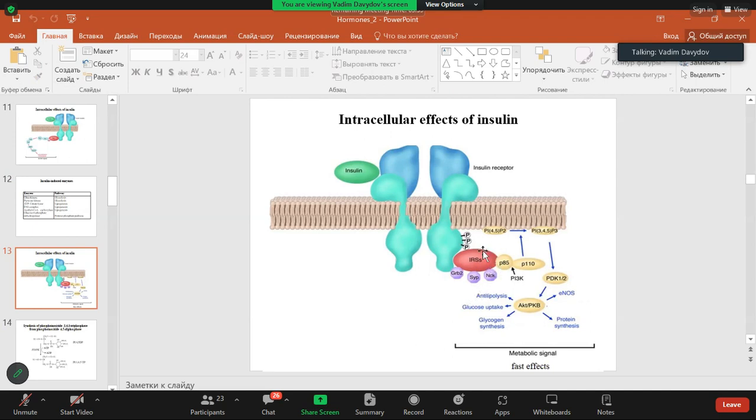After formation of that complex bound with the beta subunit of the insulin receptor, the complex gets the ability to bind the enzyme phosphatidylinositol triphosphate kinase.